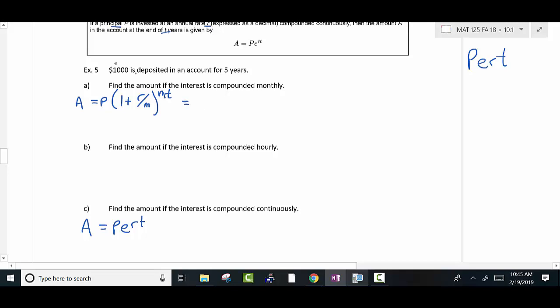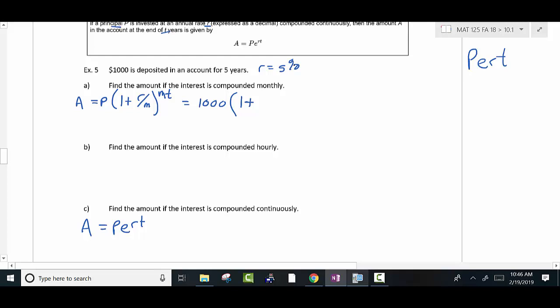So to start the first one, you guys did a good job a minute ago in doing these. You'd have a principal of 1,000, 1 plus the interest rate. Did I give you an interest rate on this? Yeah, okay, I have to give you one. Let's make the interest rate, say, 5%.